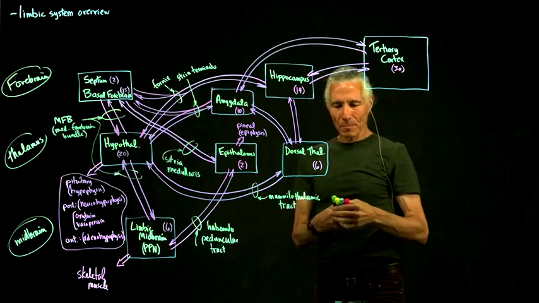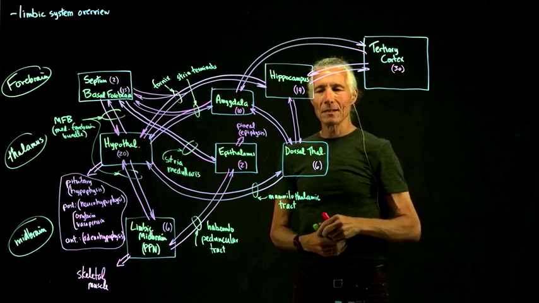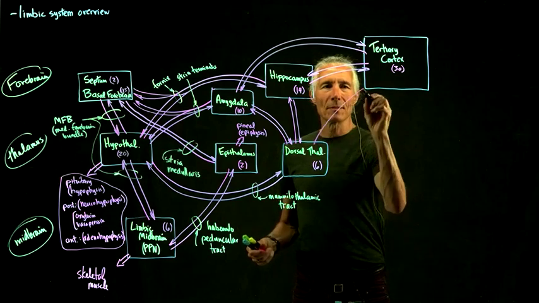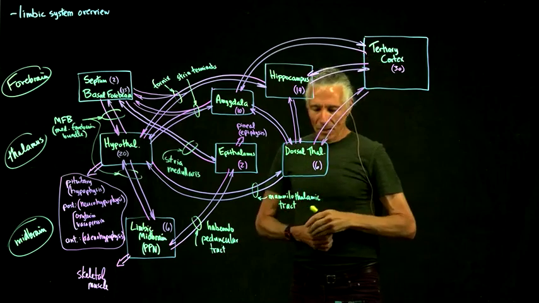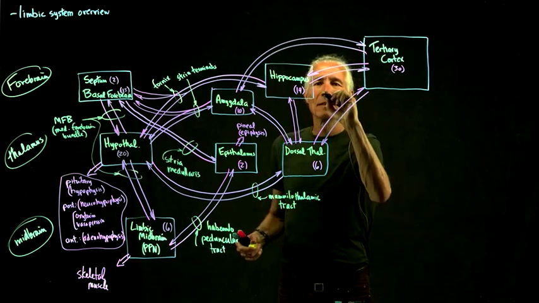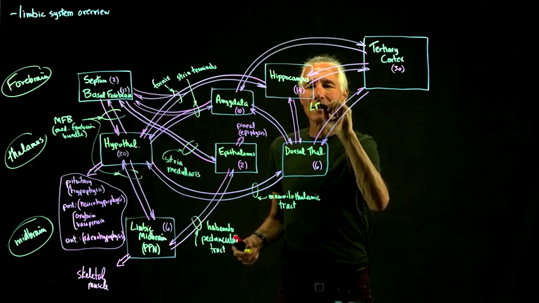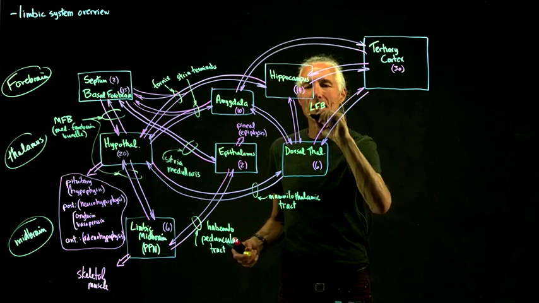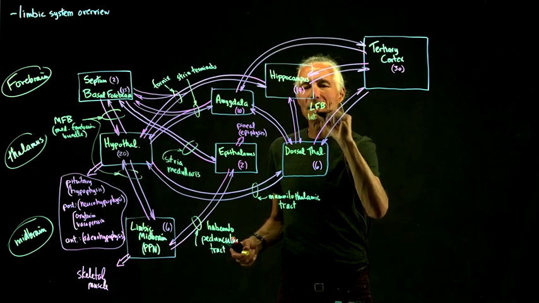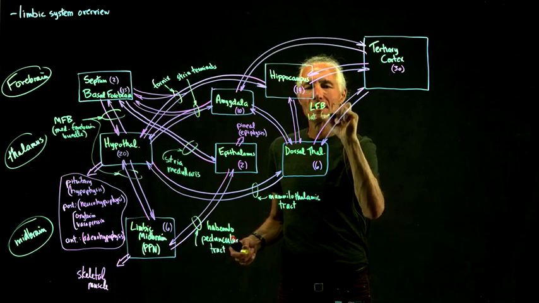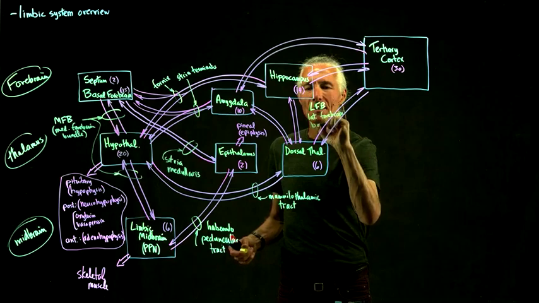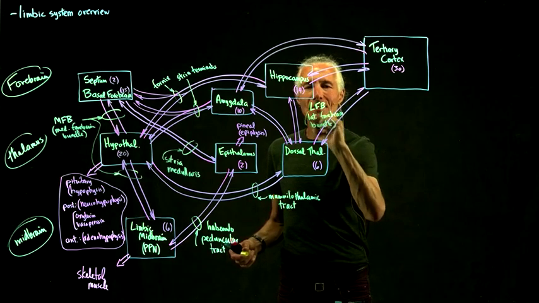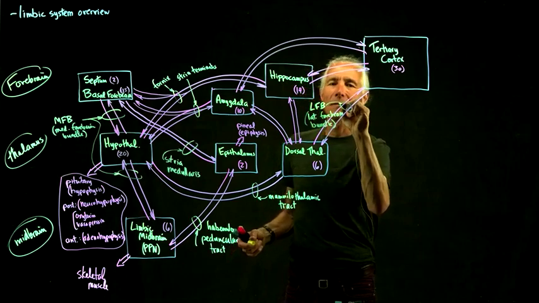Okay, and then of course there's a giant projection from the dorsal thalamus up to the cortex, that's the main one we were talking about, and that one is called the LFB, the lateral forebrain bundle. If you look at something like a turtle, you can sort of see these two bundles right next to each other. In a human, it's a little more complicated to figure out where these things are.